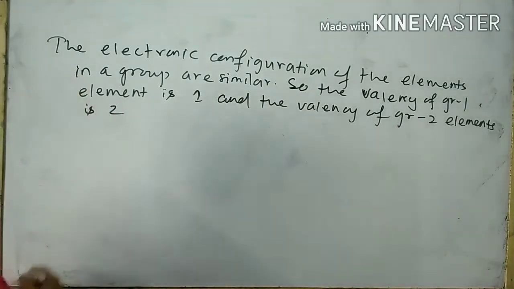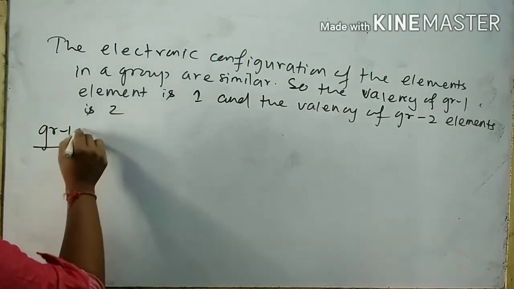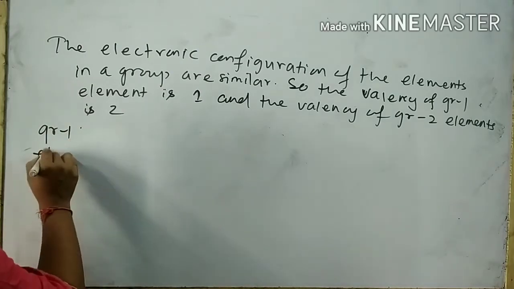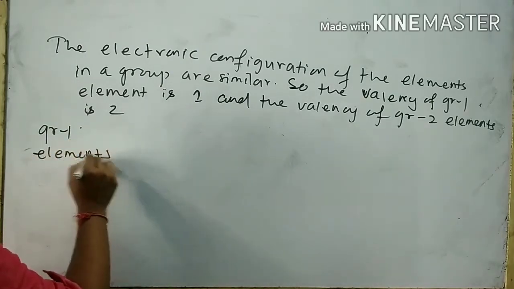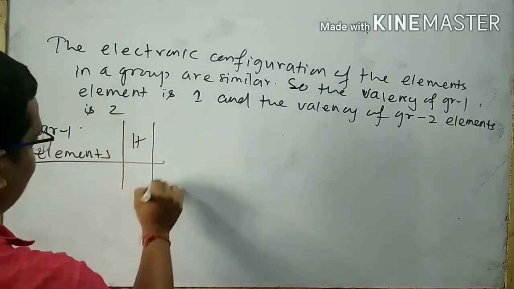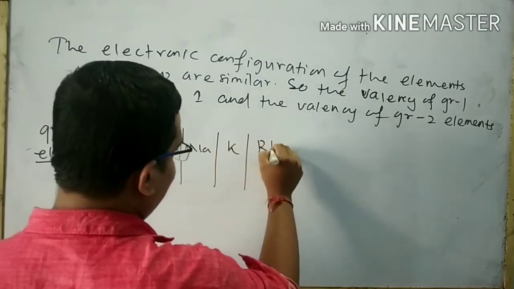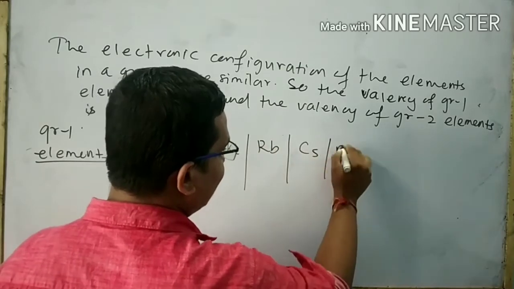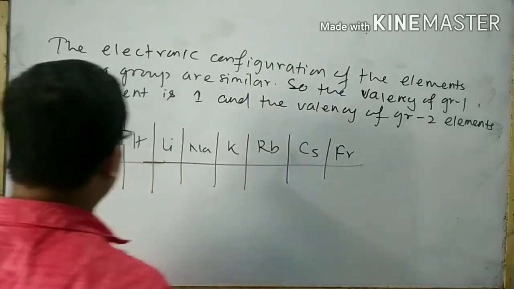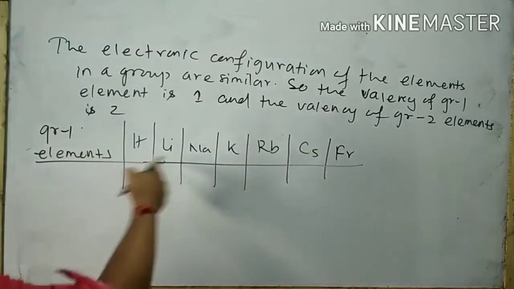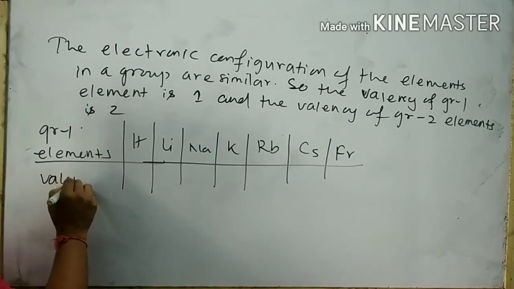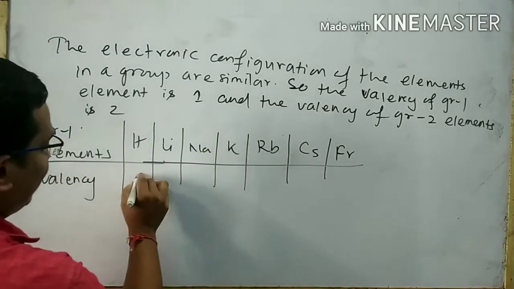Let me explain with an example. The group 1 elements are hydrogen, lithium, sodium, potassium, rubidium, cesium, francium. The valency of each element is 1.